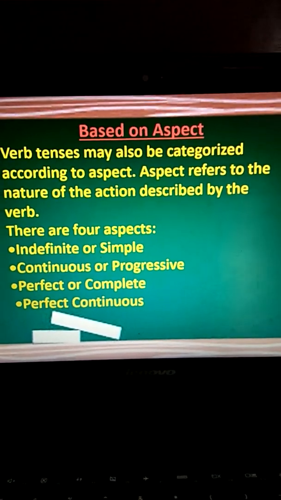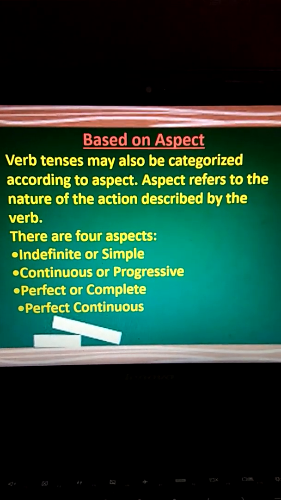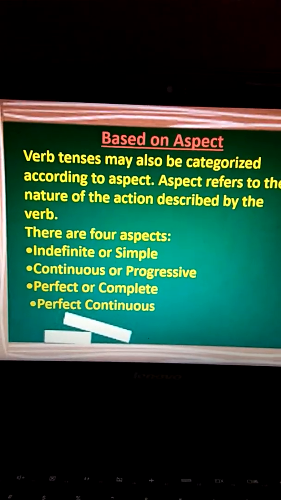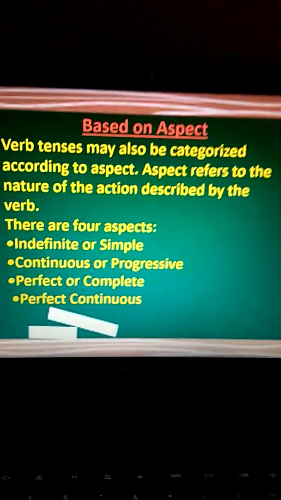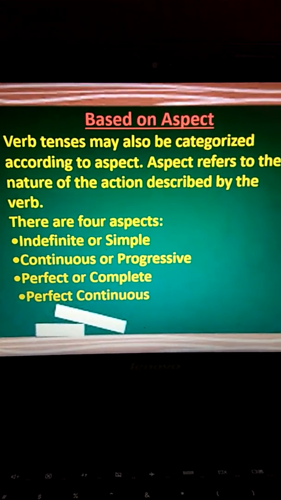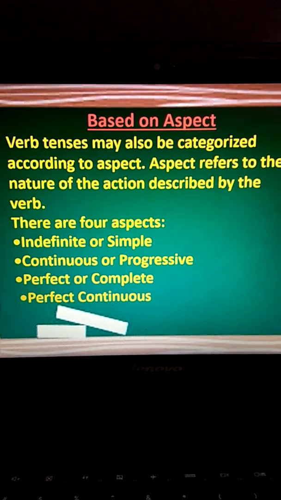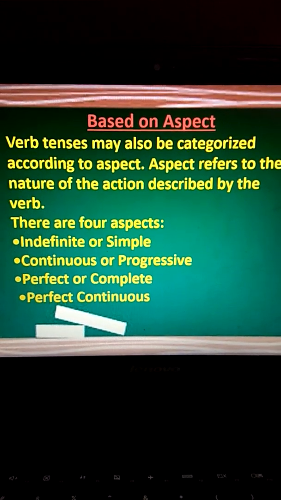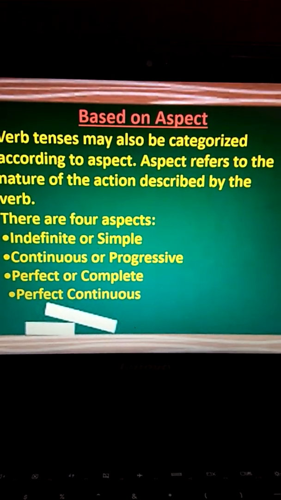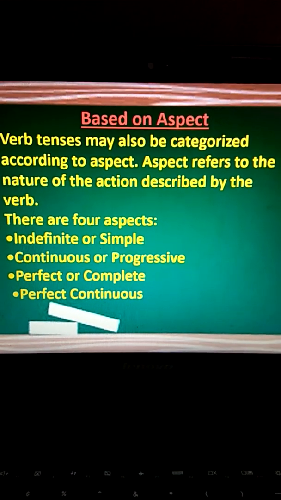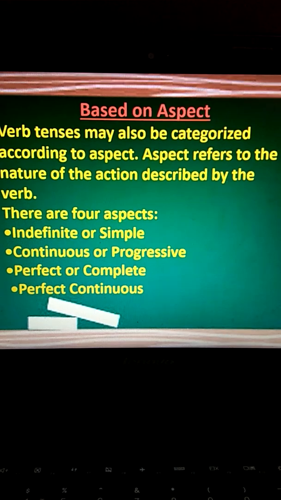Now, based on aspect, we can divide each tense into four parts. Simple or indefinite, continuous or progressive, perfect or complete, and perfect continuous. Now, first of all, let us understand what we mean by aspect.